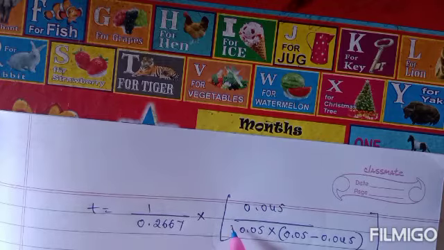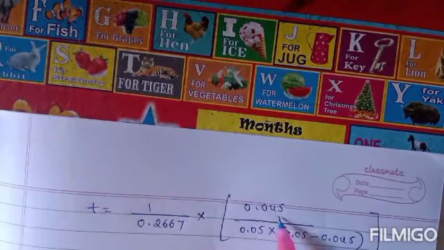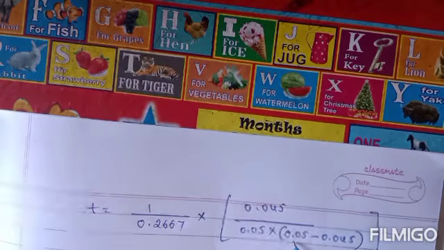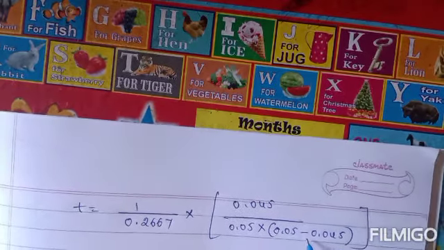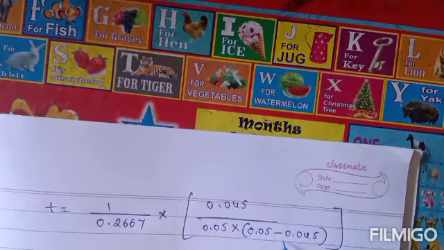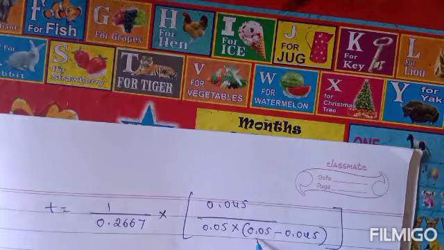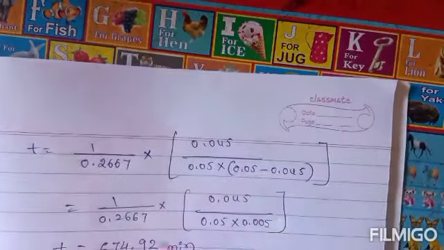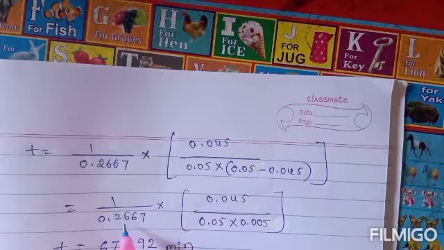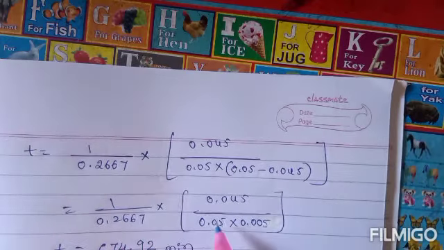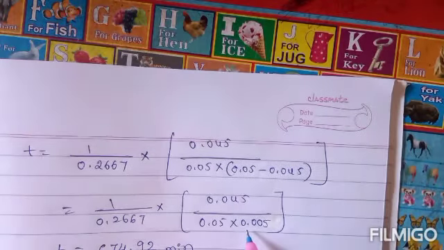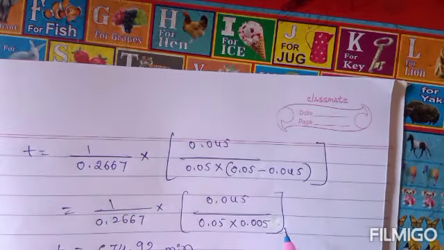0.2667 into 0.045 divided by the A value 0.05 into 0.05 minus 0.045. Subtracting, we will get 0.005. So again here, 1 divided by 0.2667 into 0.045 divided by 0.05 into 0.005.